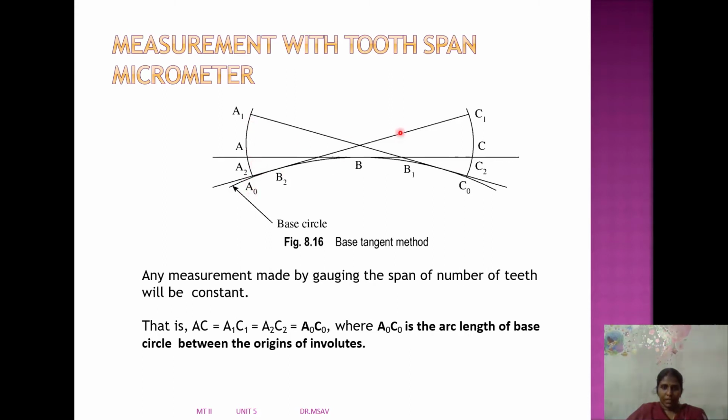So A0 C0 is equal to A2 C2 and A1 C1, which is equal to AC. In this, A0 C0 is the arc length of the circle between the origin of the root.